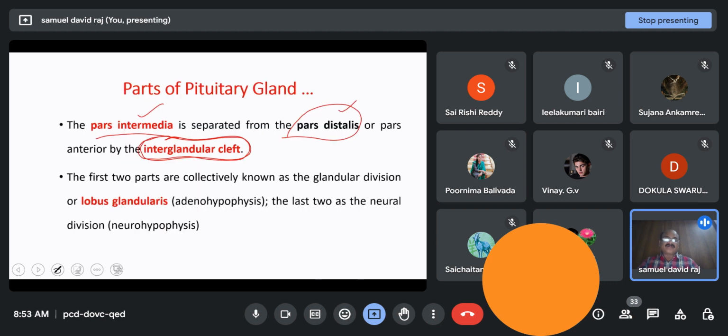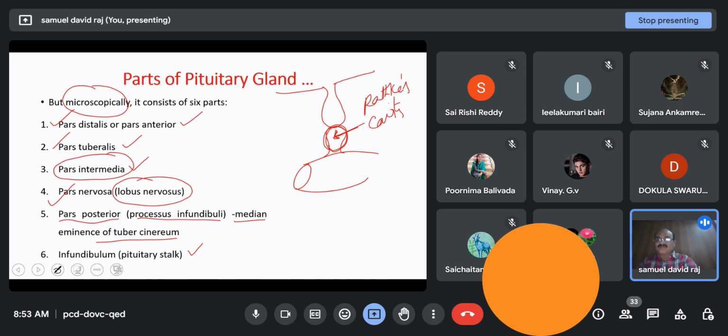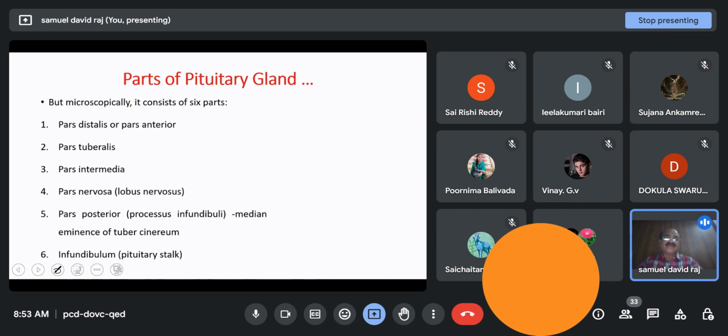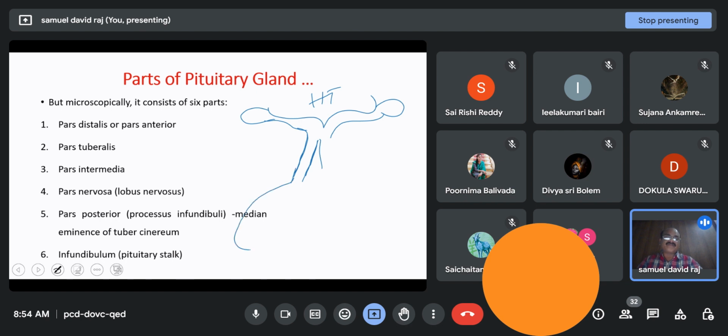So, for your understanding, let me draw this once again. Here there is the hypothalamus with mammillary body and optic chiasma, followed by the median eminence. And from this originates the infundibular process, which continues as pars nervosa.